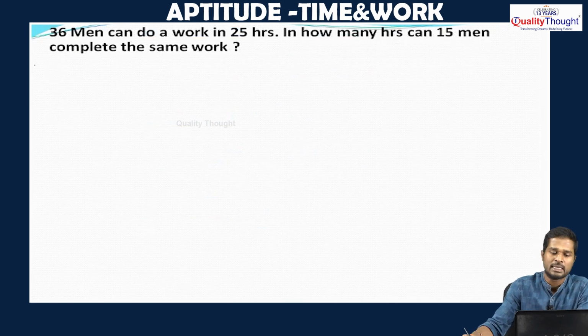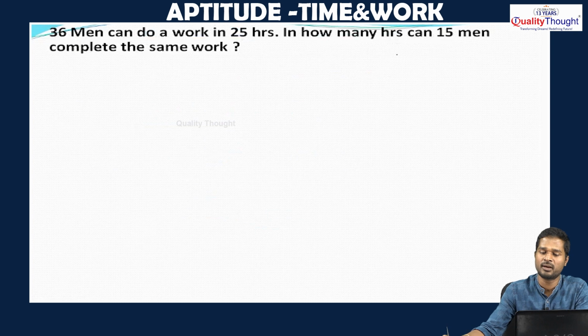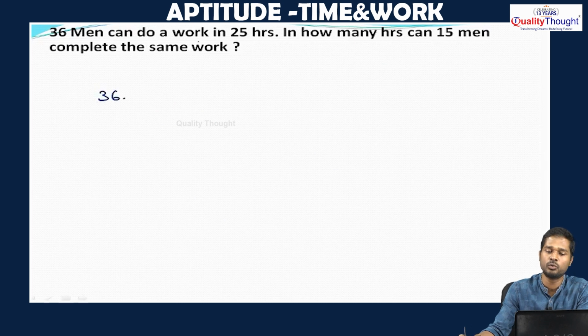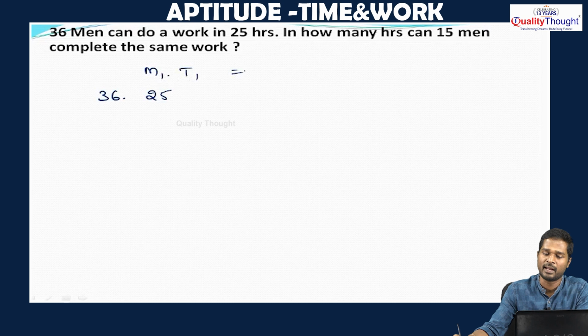See, simple question: 36 men can do a work in 25 hours. In how many hours can 15 men complete the same work? See here, 36 men can do a work in 25 hours. What are the given things? M1 and time he has given, M1 into T1. In how many hours can 15 men, that means M2 into T2, you need to find out.